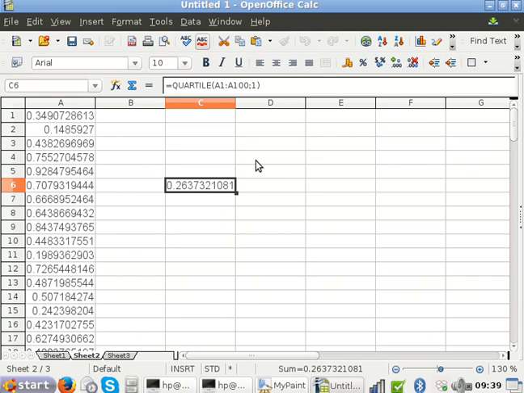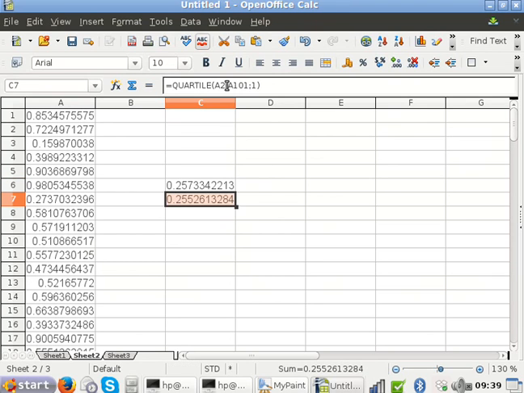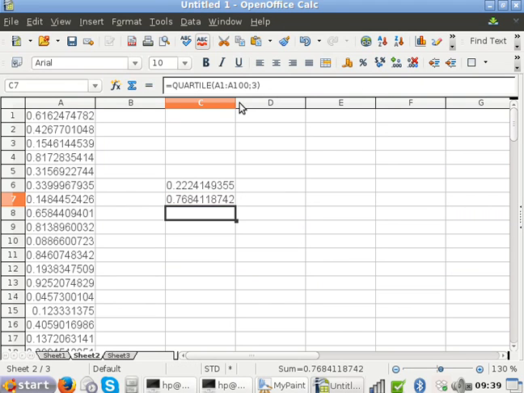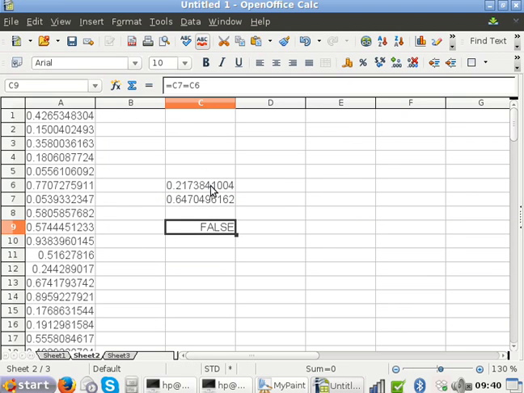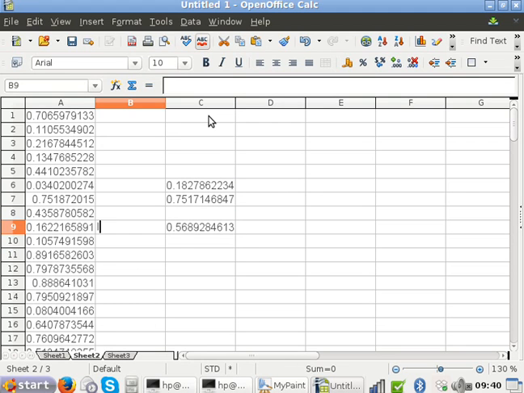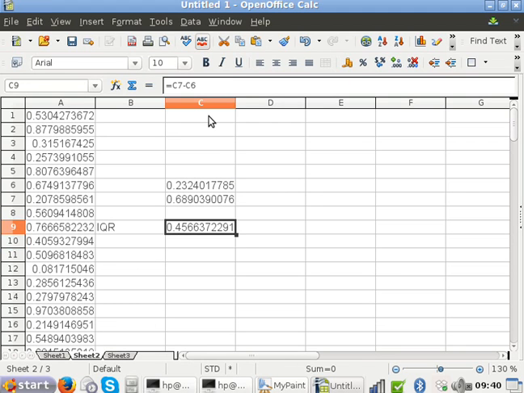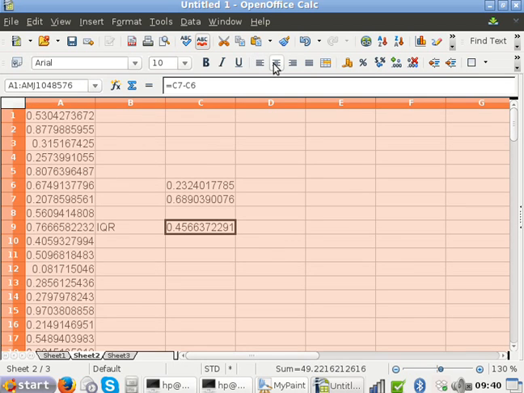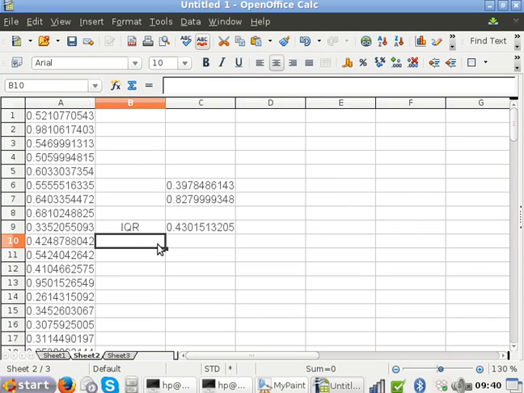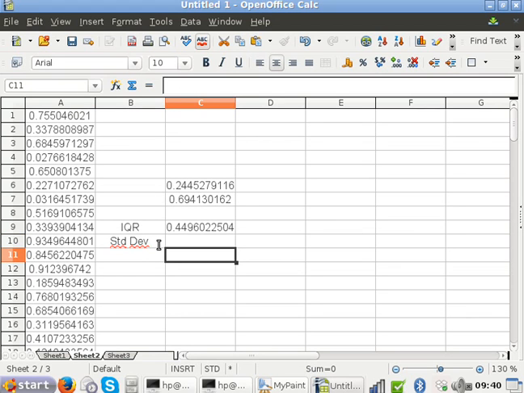And then here I want the upper, which is Q3. So then the interquartile range would be this number minus this number. So this is the interquartile range. Now the reason it keeps changing is because it's random. There you go. Now let's calculate the standard deviation.